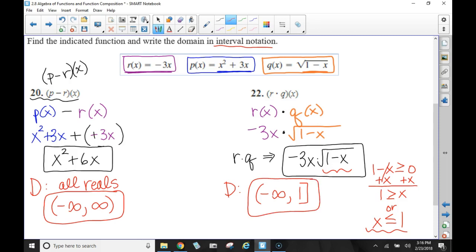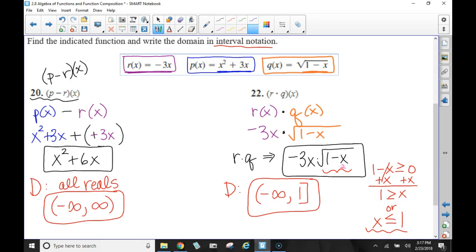That's our domain. Now, if you want to come back up here to your newly created function and say, well, yeah, as long as x values are less than 1, like if it's a 2, that's not going to work out because 1 minus 2 is a negative 1, and you have a square root of negative 1, and that is i. That's an imaginary number, not a real number.